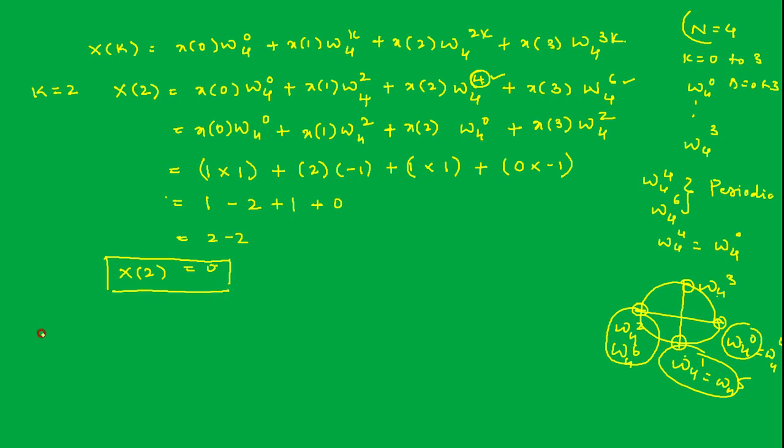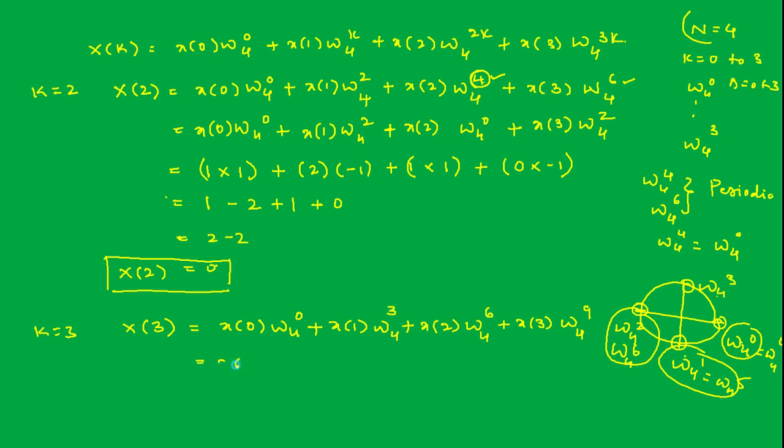So similarly you can calculate for k equal to 3. So you will get the last sample in the DFT sequence x of k, that is x of 3, equal to: substitute x of 0 W4 to the 0 plus x of 1 W4 to the 3 plus x of 2 W4 to the 2 into 3, which is 6, plus x of 3 into W4 to the 3 into 3, which is 9, right? 2 into 3 is 6 and here 3 into 3 is 9.